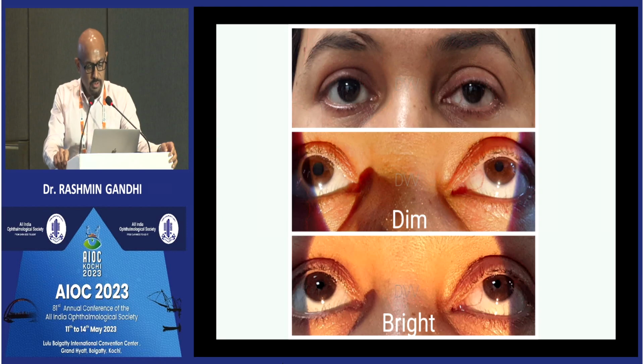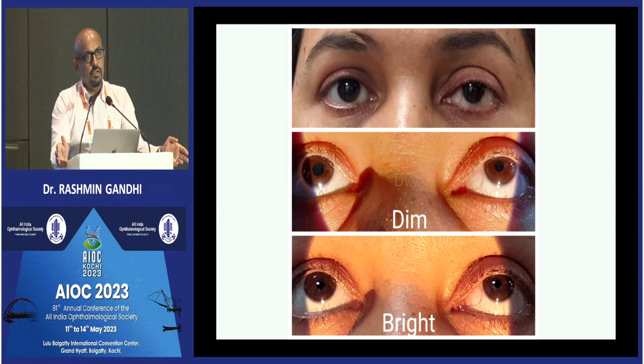And this is how the patient looked. Now see here on the top photograph, you can see that the left eye, which the patient does not have much of a problem with, has a mild ptosis. And there is an anisocoria where the right pupil is bigger than the left pupil. When you have this kind of difference in the size of the pupil, the next step would be to see what happens to the difference when the room lights are turned off and when the room lights are turned on.